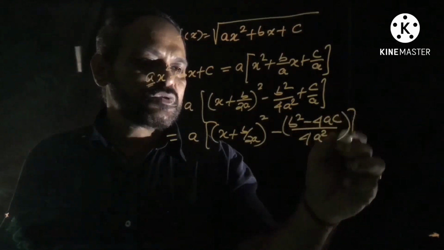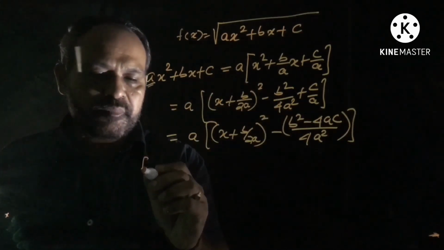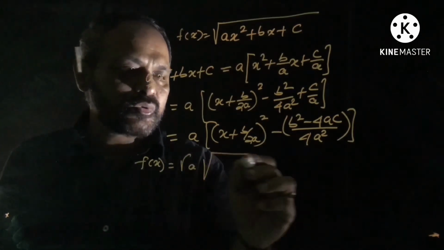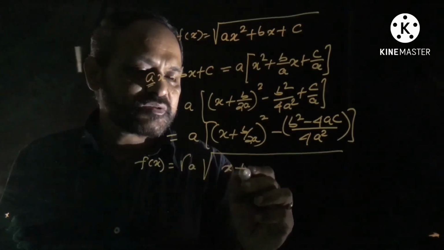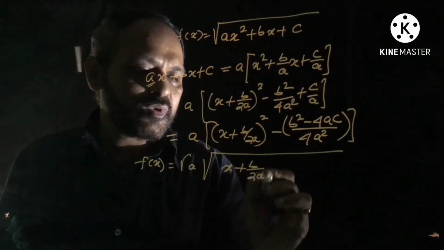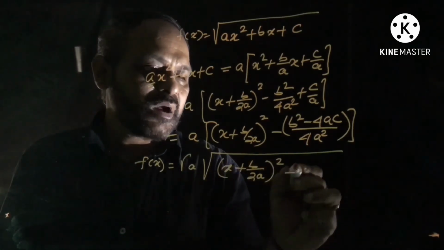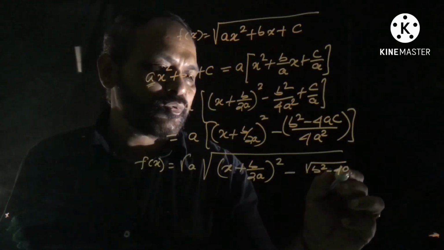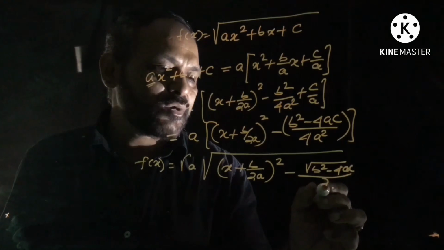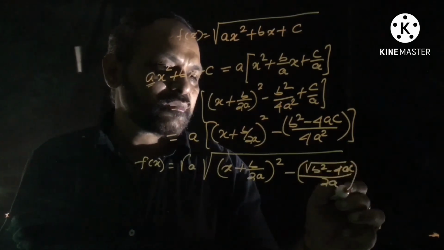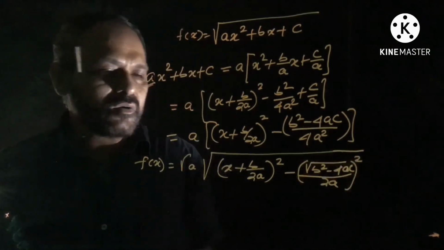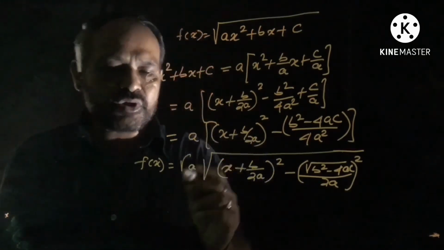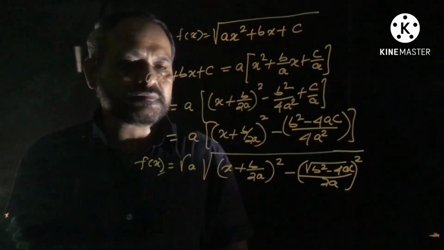So, what is f of x now? f of x is equal to root over of a into x plus b by 2a whole square minus b square minus 4ac by 2a whole square. Now, using the earlier process, we can find out the domain of this function.